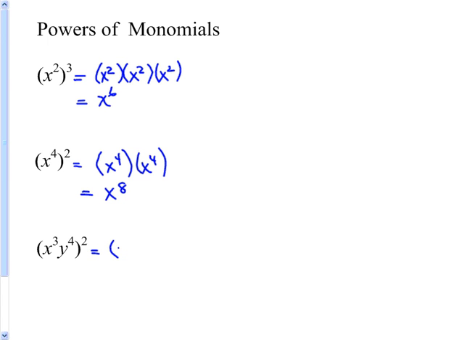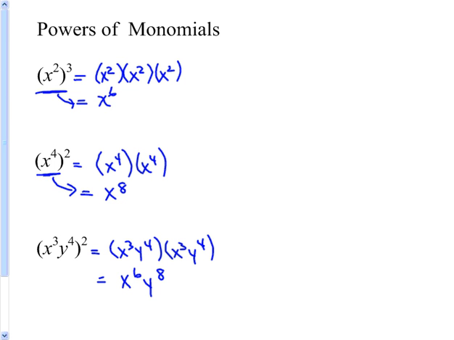This would be x to the 3rd, y to the 4th, times x to the 3rd, y to the 4th, because there's 2 of them. So when we multiply, we add those exponents again, so it would be x to the 6th, y to the 8th. Now the question is, how do we skip this first step? How do we go from just this to this? And again, what's the connection?